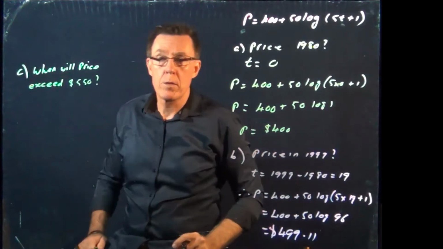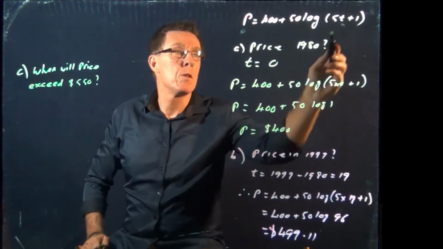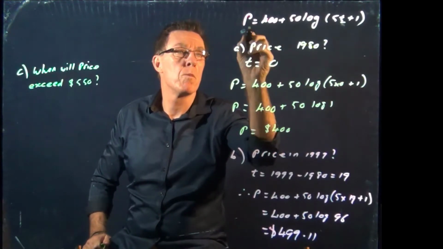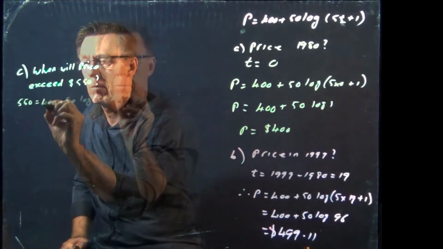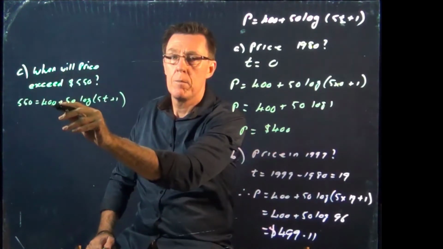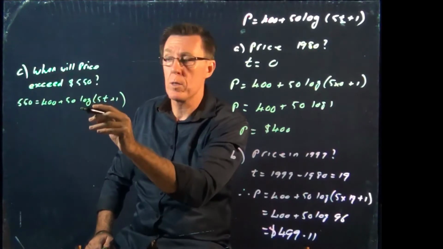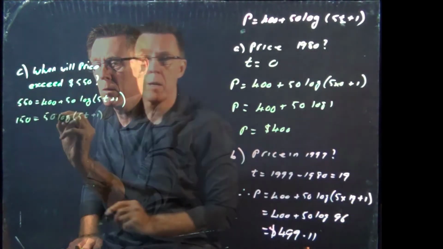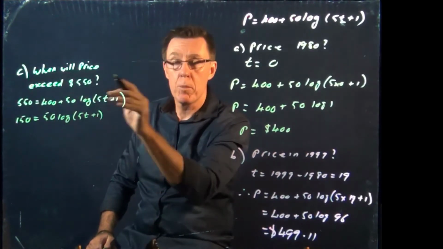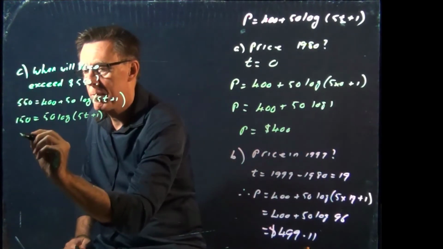So, when will the price exceed 550? This time we've got to work out time, given the price. Just start moving numbers from the right to the left. Take the 400 over. The 50 at the front's a multiplier, take it over as a divider.